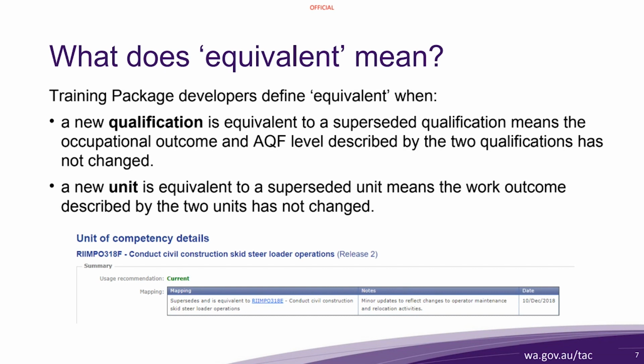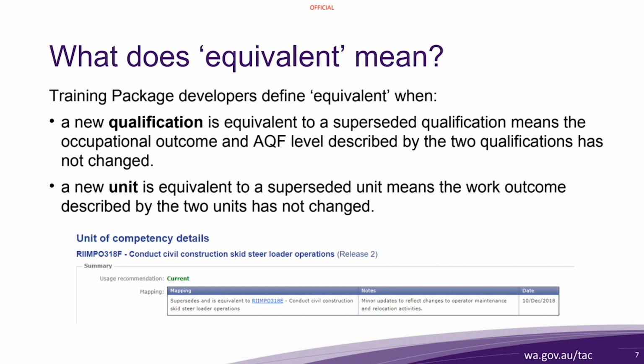If you look into the mapping, it says that this new unit, the F version, is equivalent to the E version, conduct civil construction skid steer loader operations. It then goes on to say there are minor updates to reflect changes in operator maintenance and relocation activities. So they're not exactly the same, but what the training package developers are saying is these are functionally the same.